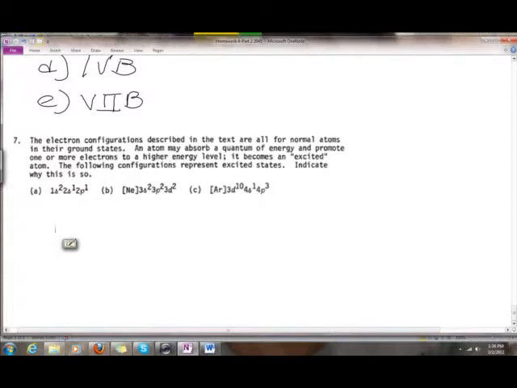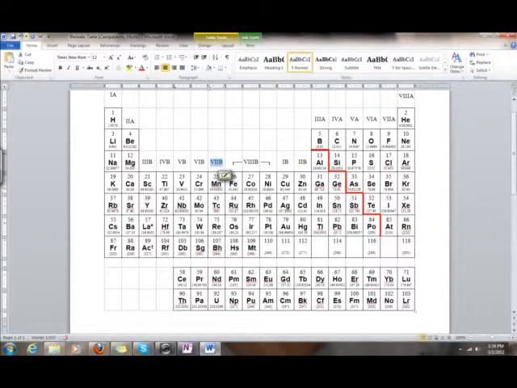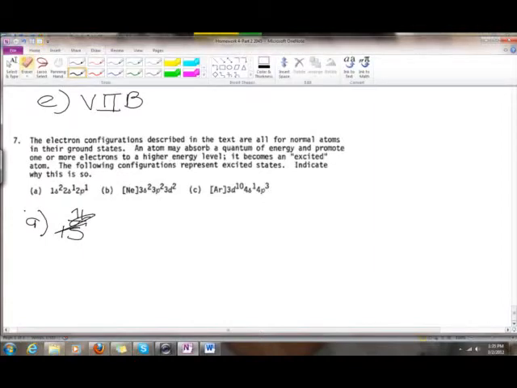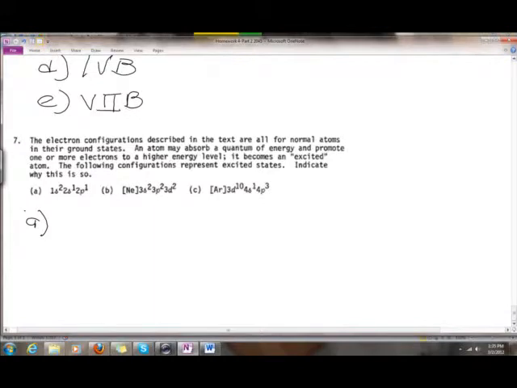Let me write down the diagram. Sometimes the diagram becomes so handy. On letter A, it's 1s2. Then do we have a 2? Hold on. I don't have too much space here, and I need the eraser.